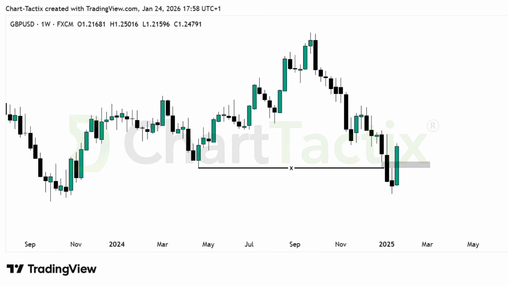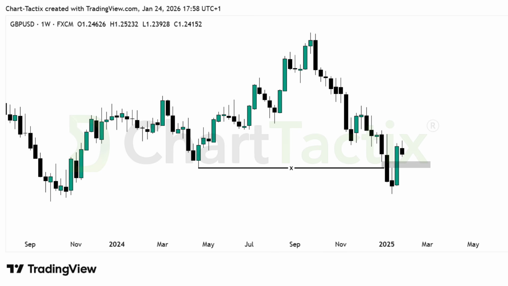We should be expecting price to start pushing to the upside in the weeks ahead. Not only that, the following week, price also left us a bullish fair value gap. Now we have a bearish fair value gap and a bullish fair value gap overlapping, which makes this area a very high probability zone.